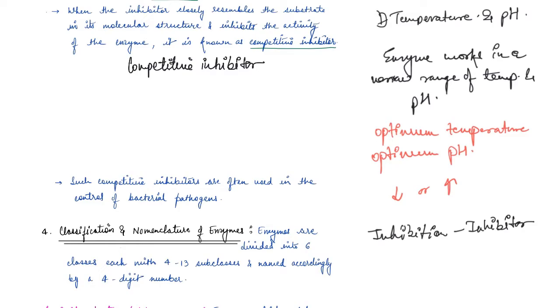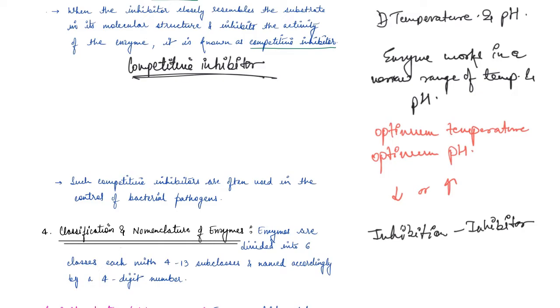Now sometimes this inhibitor resembles the substrate which is going to bind with the enzyme. So it binds with the enzyme and inhibits its activity. That is known as a competitive inhibitor.